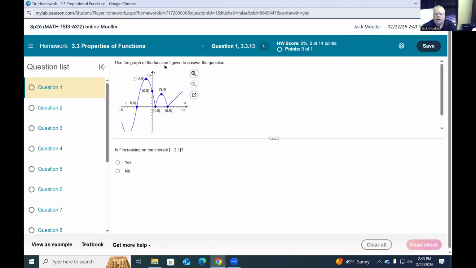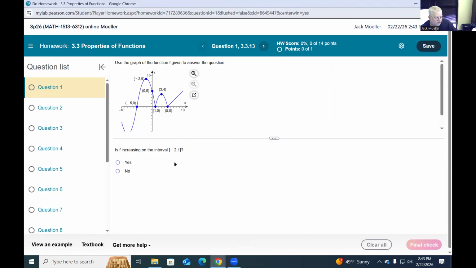So use the graph of the function to answer the given question. So is f increasing on this interval? Okay, see, this is where I would automatically say no because I use brackets. Sometimes MyMathLab can ignore stuff that bugs me.